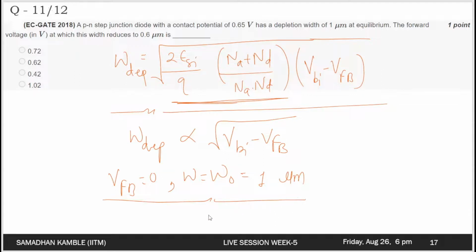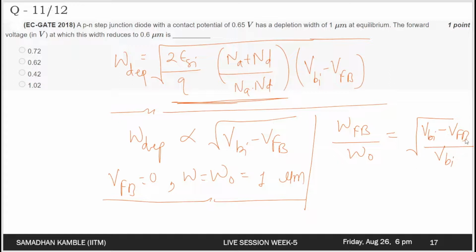We can substitute the values of W for two cases. So W with forward bias applied, divided by W0 with no forward bias, is simply the square root of (VBI minus VFB) by VBI.